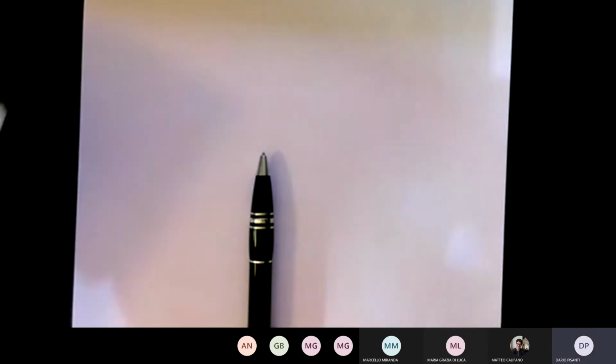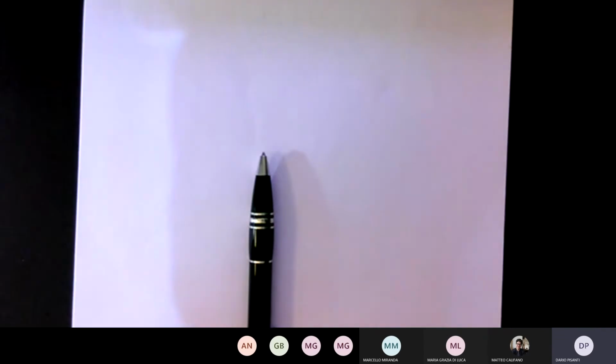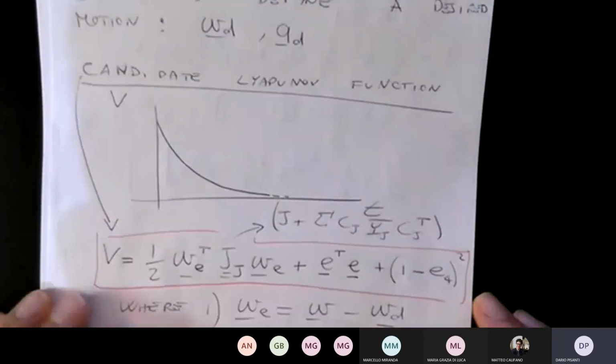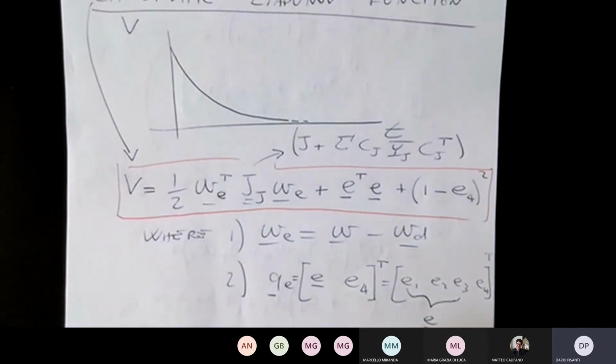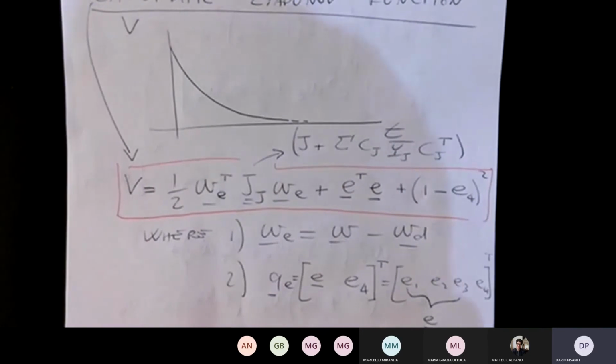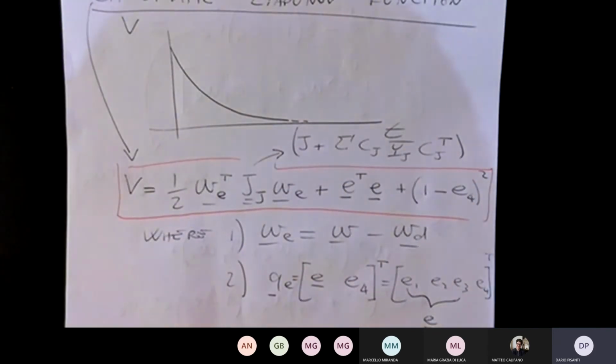Yes, Professor, sorry, but I didn't understand too much the meaning of the Lyapunov function. Probably, to sum up, we are trying to find a function that satisfies those two conditions, because we are sure that if the conditions about the first derivative and the third derivative are satisfied, we ensure that both quaternion and angular velocity and attitude are controlled stably.